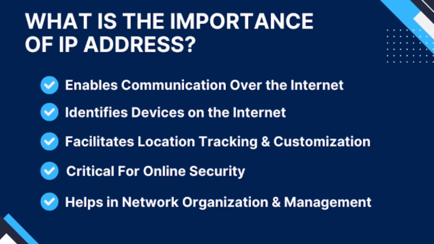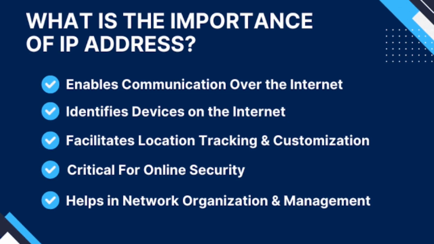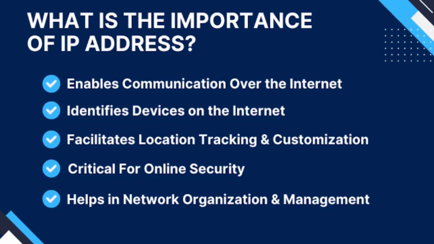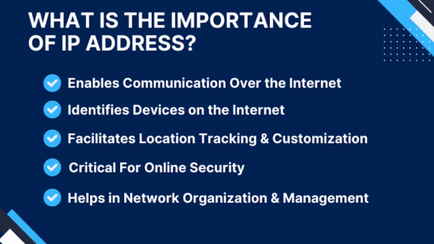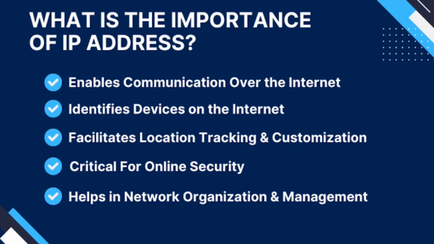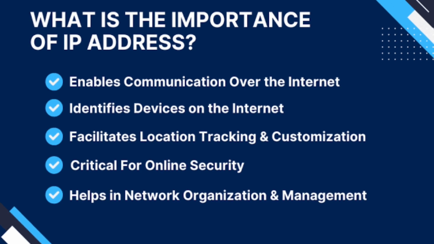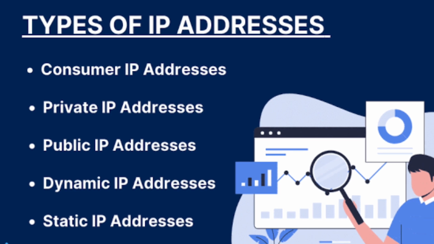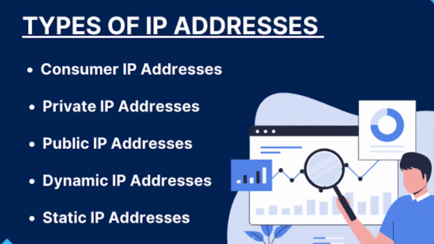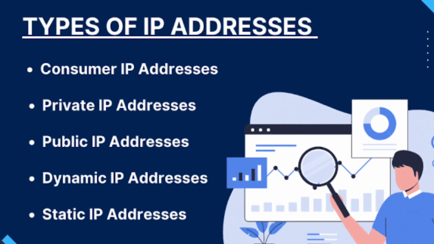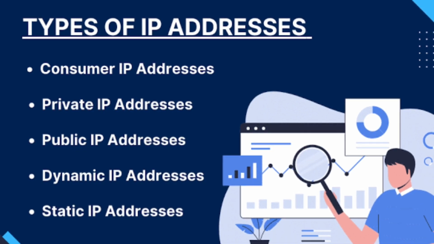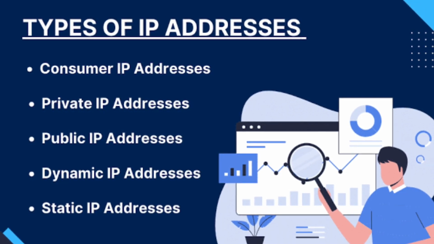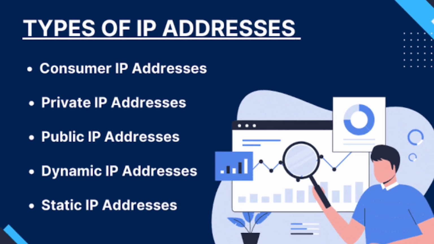Common IP security threats include hijacking, blacklisting, and DDoS attacks. Users can protect their IP addresses by using firewalls, keeping software updated, using VPNs, and enabling two-factor authentication. Different types of IP addresses include public and private, with public IP addresses being either dynamic or static.